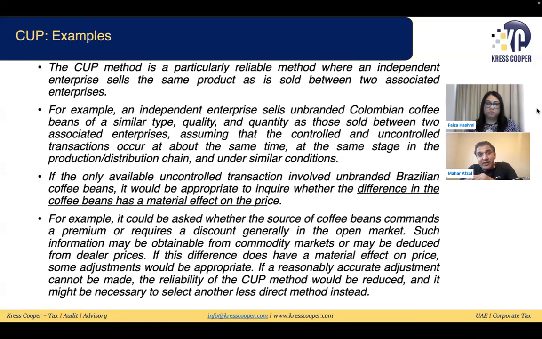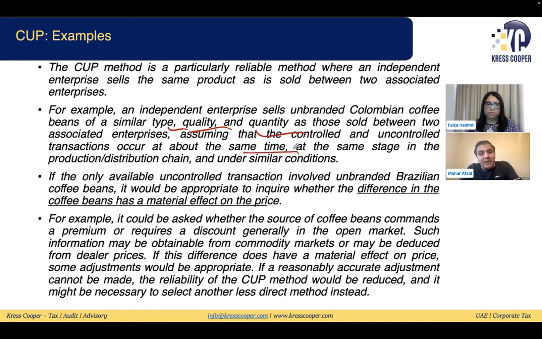Timing is very important as well: at what time these goods are being sold. Whenever we are going for comparison, we need to consider the exact time. I'm repeating: similar circumstances means everything should be the same. If not the same, then we need to make the adjustment. So there's Colombian coffee, unbranded, of similar type, quality and quantity. Then again, they said timing.